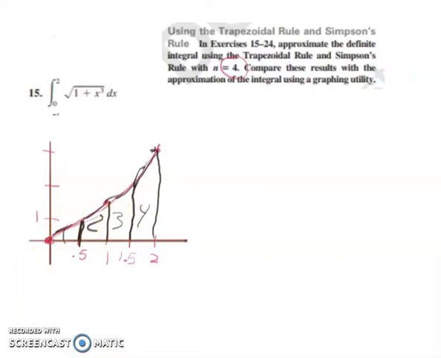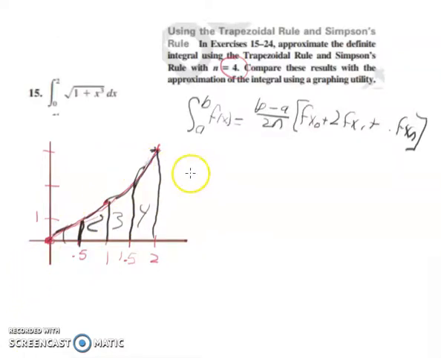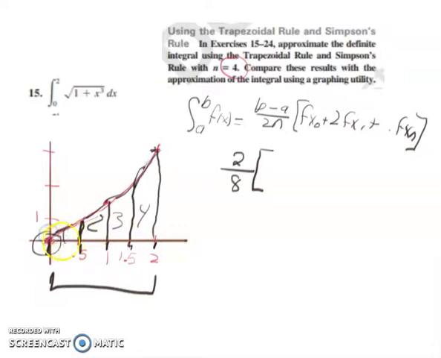All right. Now, let's look at that formula. Here's the formula. So we're going to go b minus a, that's 2, over 2n. Well, let's see, n was 4, so that's 8 times something. Okay, well, let's see, f of 0. So here's my first. At the left one, I just say f of 0.